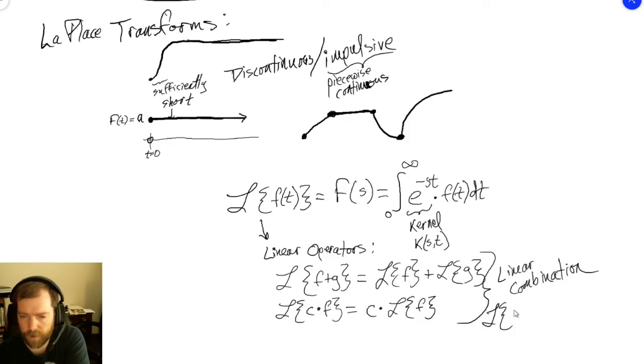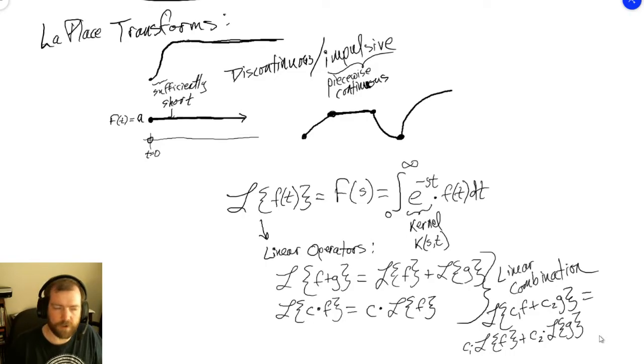So the linear operator of C1 f plus C2 g is going to be equal to C1 times the linear operator of f plus C2 times the linear operator of g.